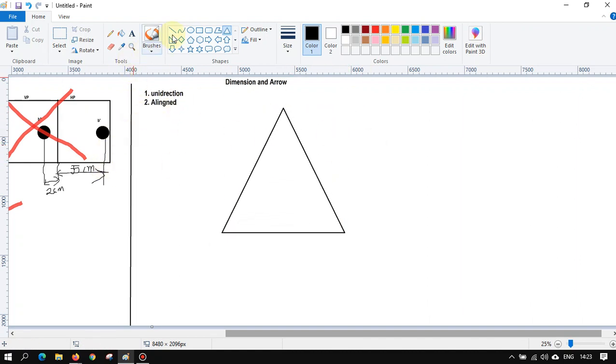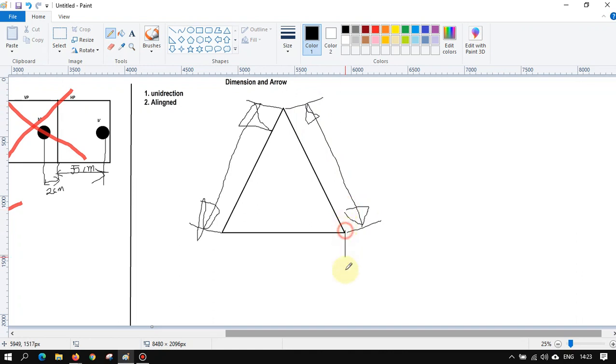Unidirectional means that if you are asked to write a dimension, you have to maintain it entirely in one manner. So what you need to do is follow a style.